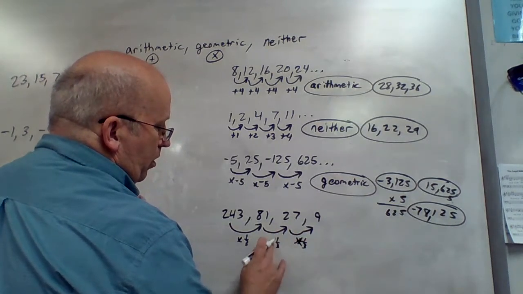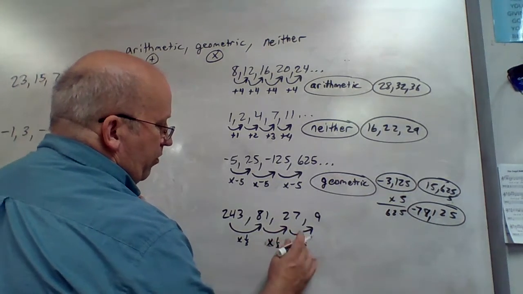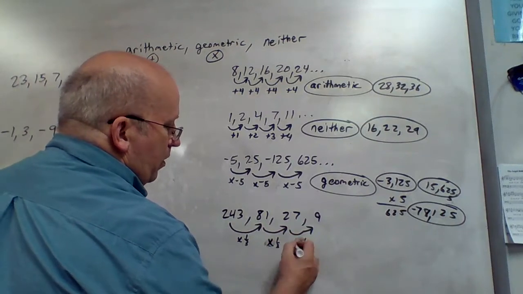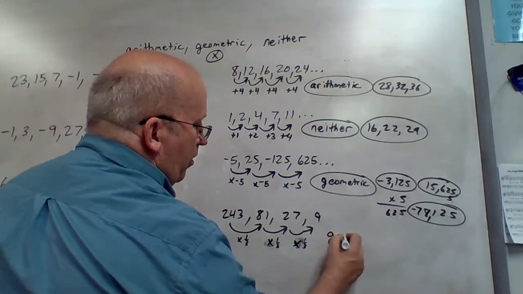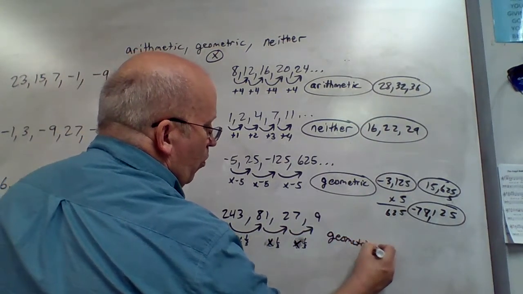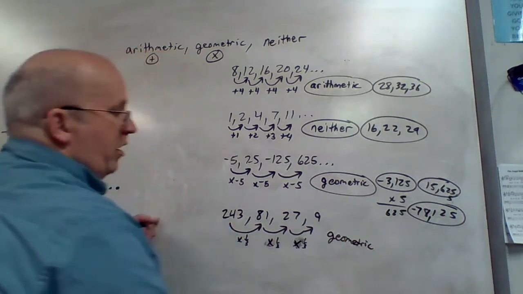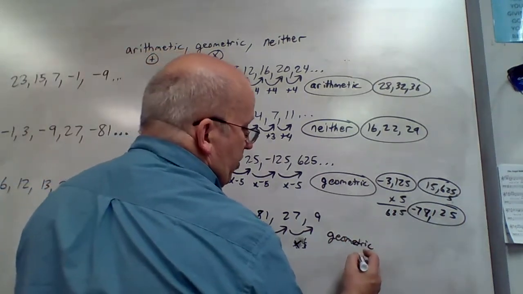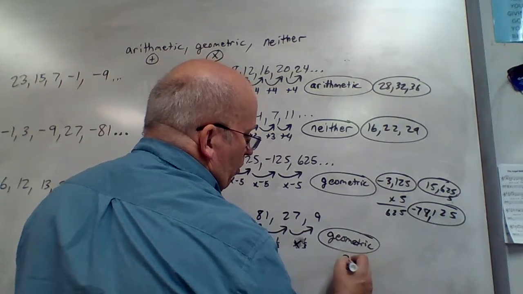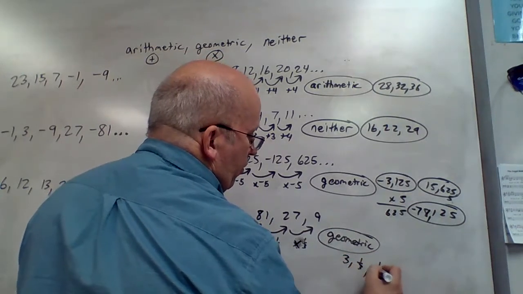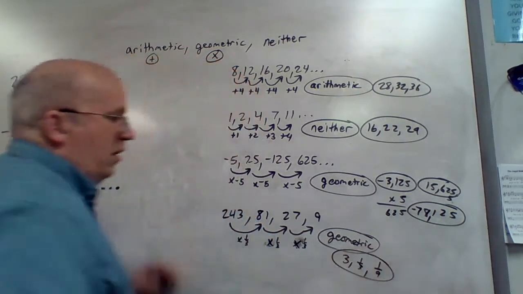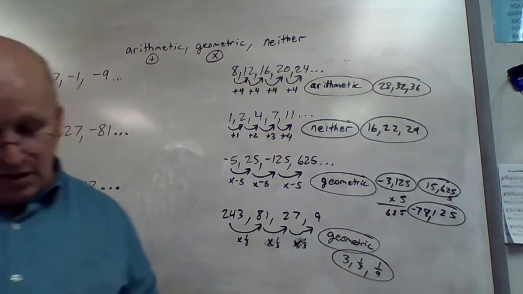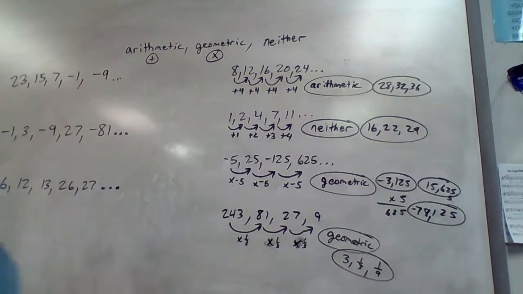And if it's multiplying by 1/3, that's geometric. Remember, multiplying by 1/3 is the same thing as dividing by 3. That means the next three numbers in the pattern would be 3, 1/3, and 1/9, because we're dividing by 3, or we're multiplying by 1/3.